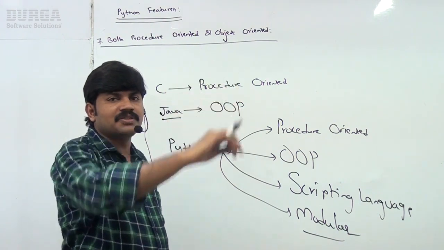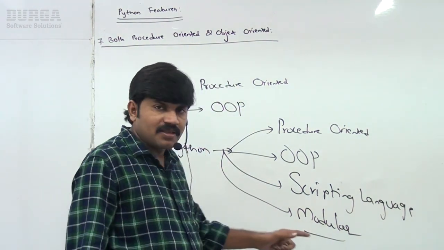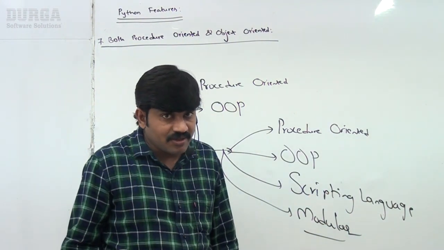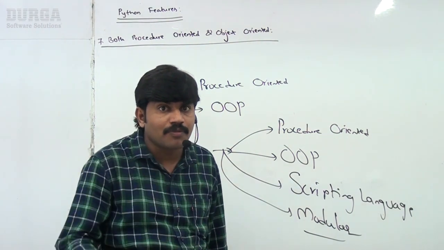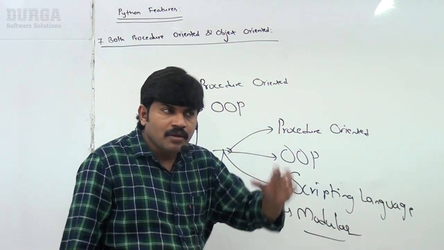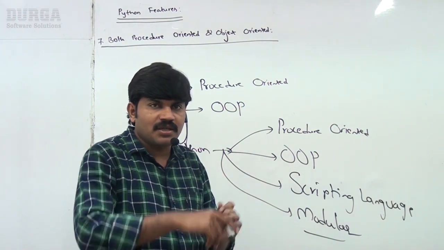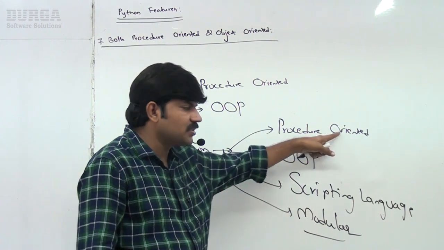We are never going to miss any benefit of any programming paradigm, because Python follows each and every programming feature, right? Are you in the position to understand? Beautiful facility, man. Other languages won't provide this type of support. If you want class and object oriented, you can use Python. If you just want to write functions and call those functions, that is procedure oriented, right?